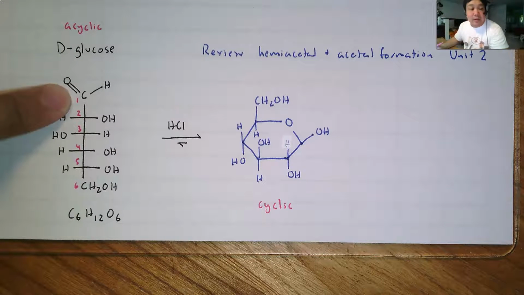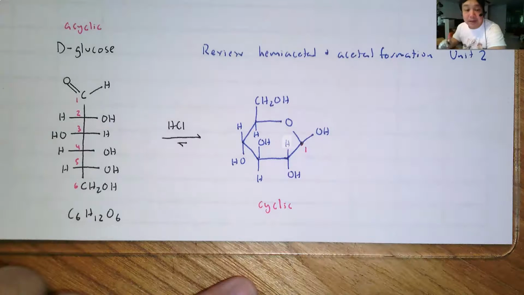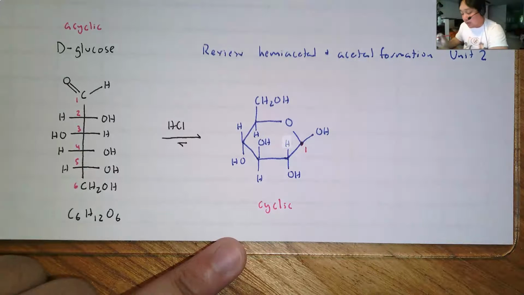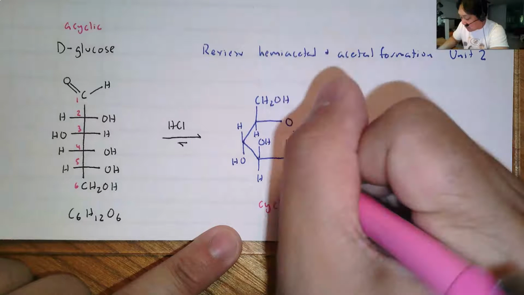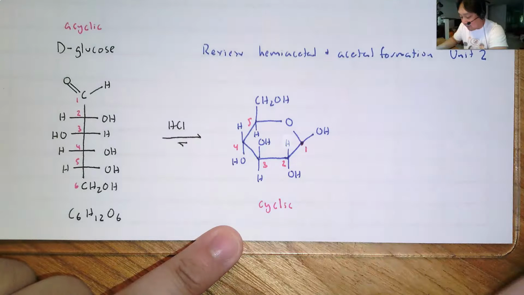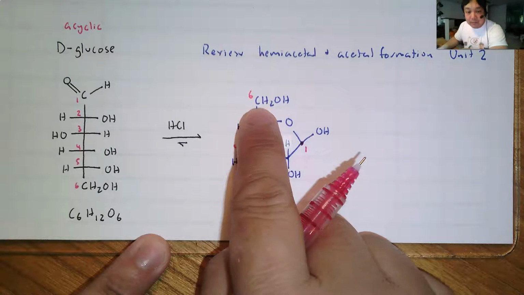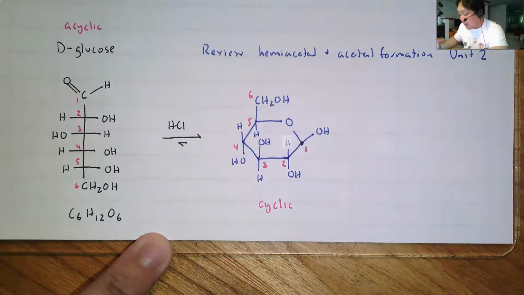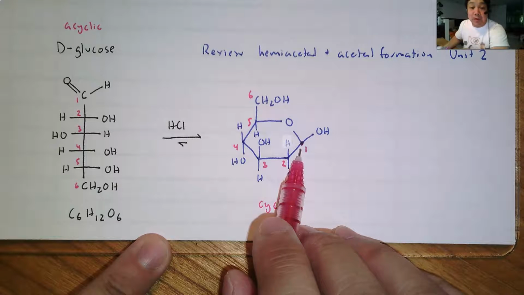Well, let's number the atoms. Where's 1? 1 is actually this carbon right here. And I'll show you why I think that in just a bit. Let's go around the ring. 2, 3, 4, 5, 6 is not within the ring. So what's important to me is, where is this carbon number 1, or why do I think this is carbon number 1?